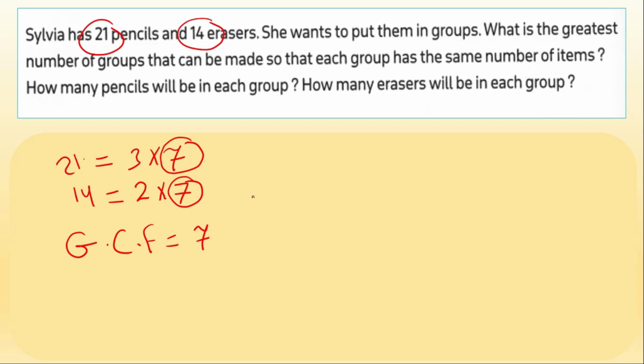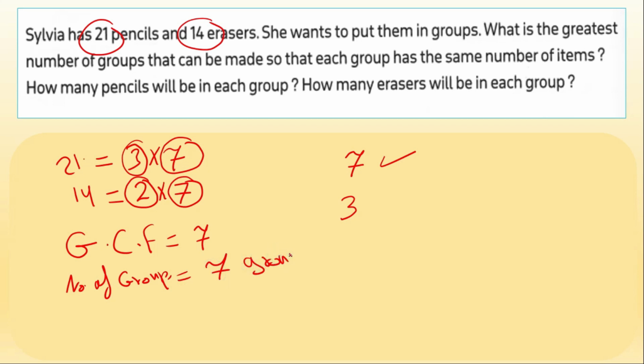So now 7 is the common factor, and it is the number of groups. The number of pencils is 3, and the number of erasers is 2. So we say the number of groups is 7 groups, because this is the greatest common factor, the greatest number of groups.